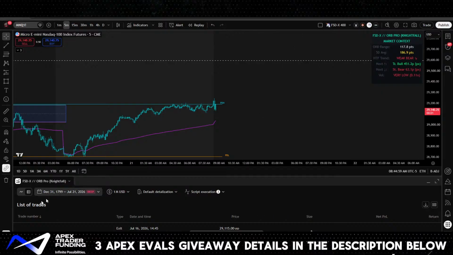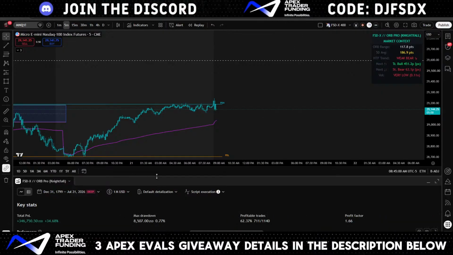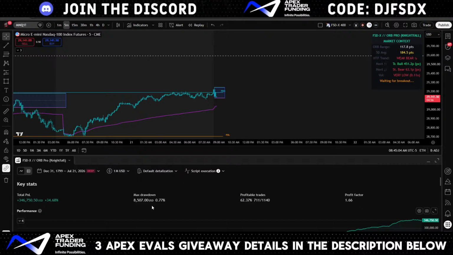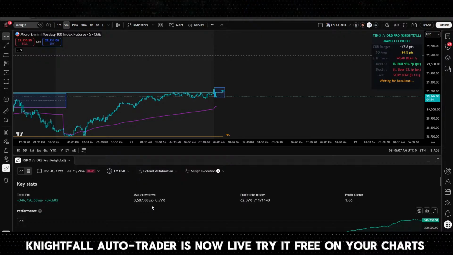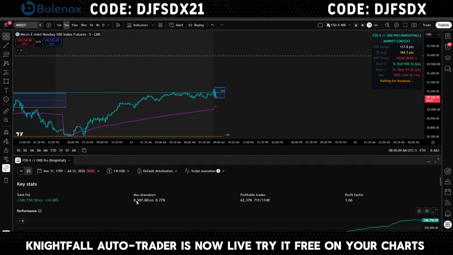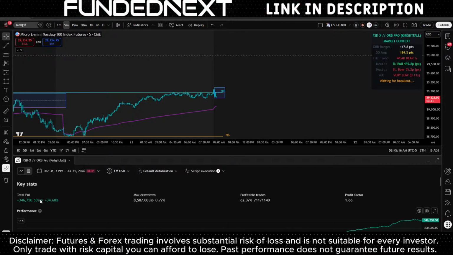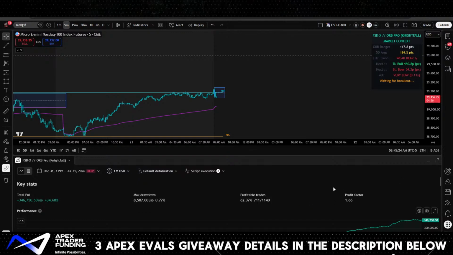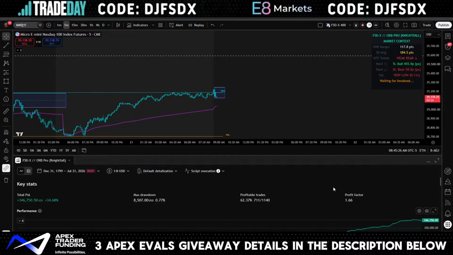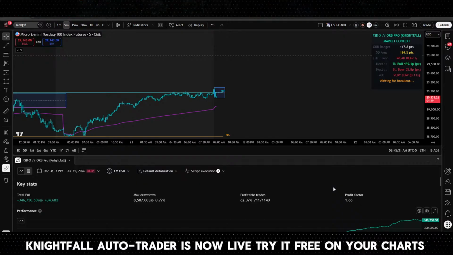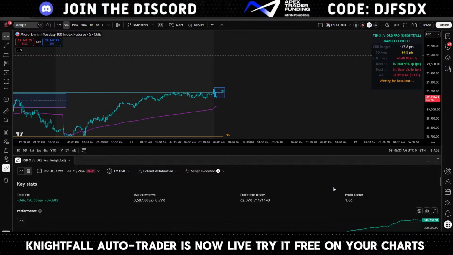There we go. There you go. Yeah. So if you do 1,500 for the A plus setups and stuff, you'll be pushing 8,500 as your max drawdown. But obviously your return is about $100,000 more. Still same win rate, same profit factor. So between 1,000 and 1,500, I would say that's kind of the sweet spot. 1,500 would probably be kind of pushing it, but anything below that, I think you're fine.